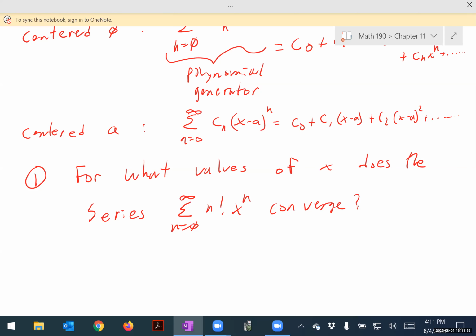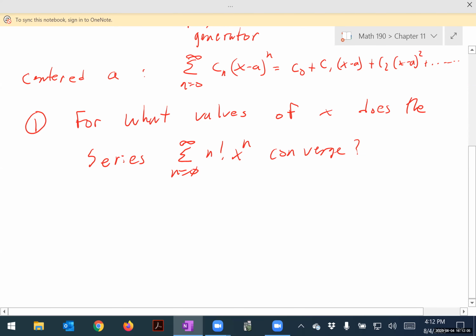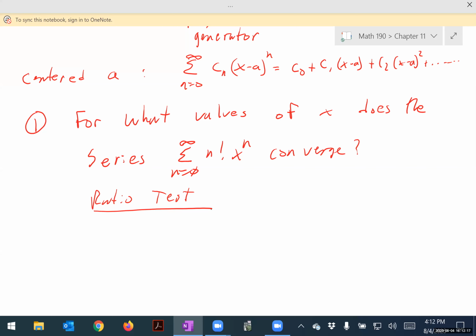Well, let's do the ratio test on this. We want to find out where this thing is absolutely convergent, because if it absolutely converges, we know it converges. So where is this thing absolutely convergent?